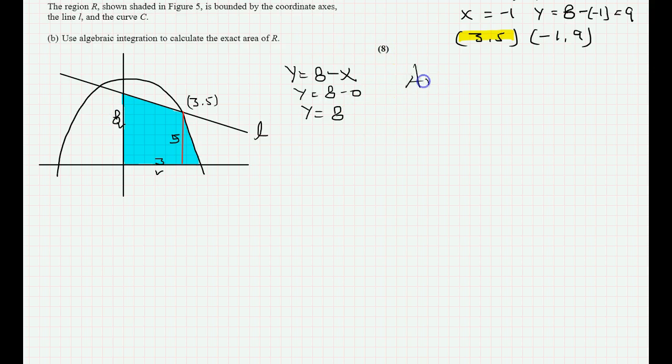So the area of trapezium will be half multiplied by the distance between the parallel lines, that is 3, times the sum of the lengths 8 plus 5.